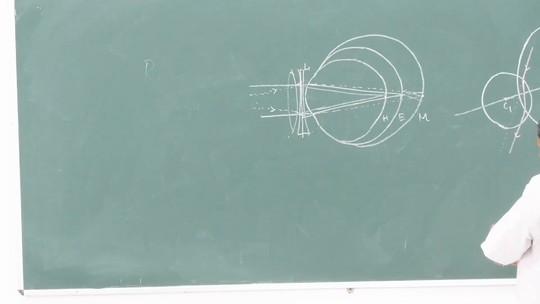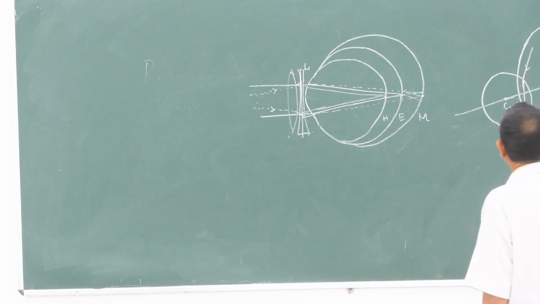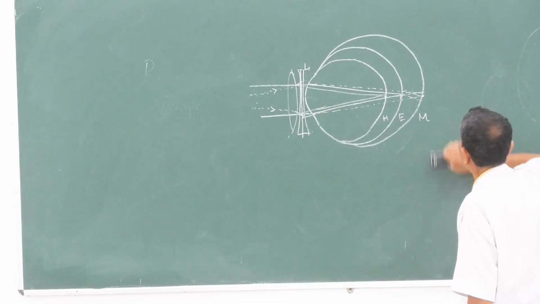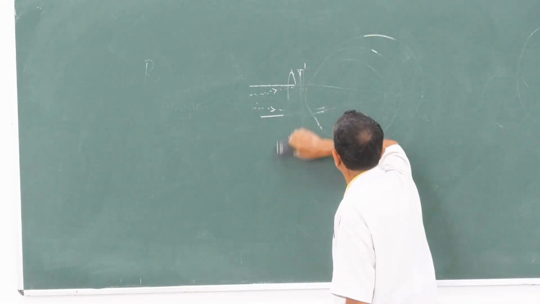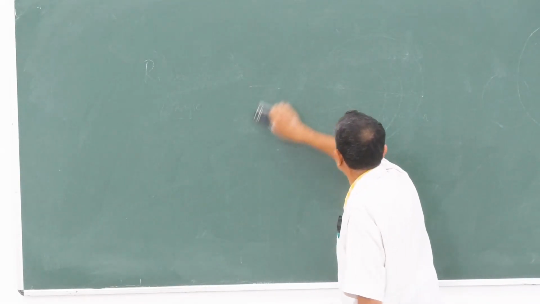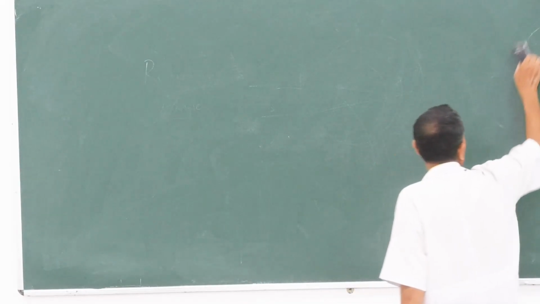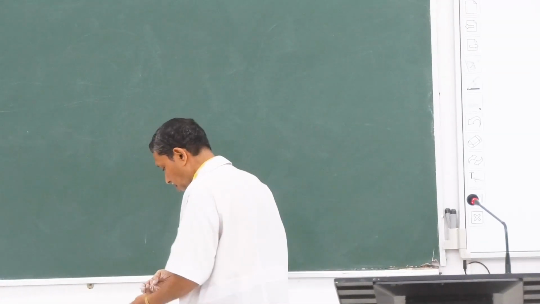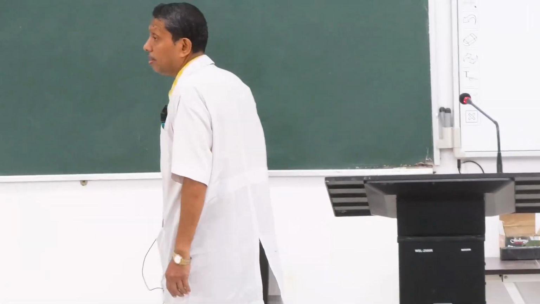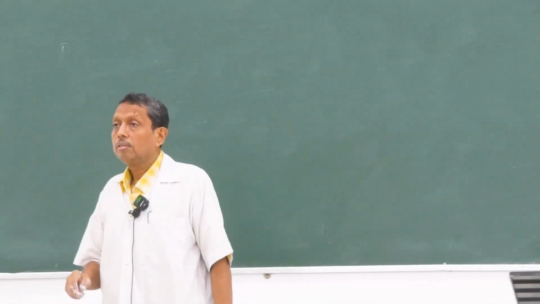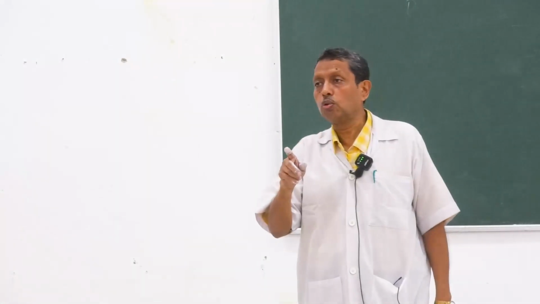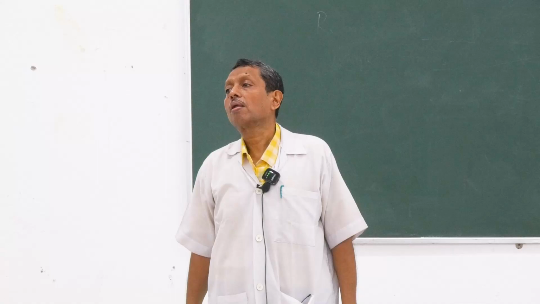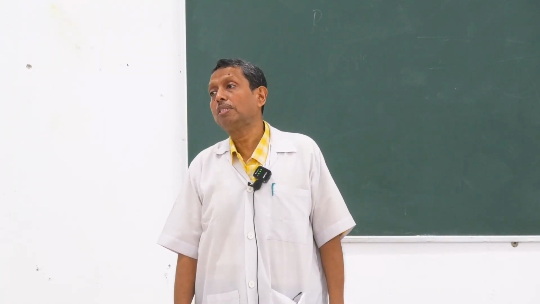This is something about this topic. Strabismus or squint, paralytic strabismus, may appear in your examination.